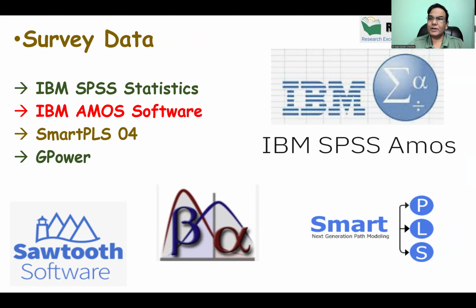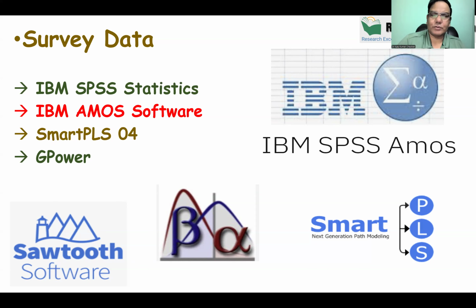So in cross-sectional data, the most common software is SPSS. There are many substitutes of SPSS like Statistica, Minitab, but I found that compared to all the software, SPSS is the cheap and best software. And the best part of SPSS is that the cracked version of the software is easily available.